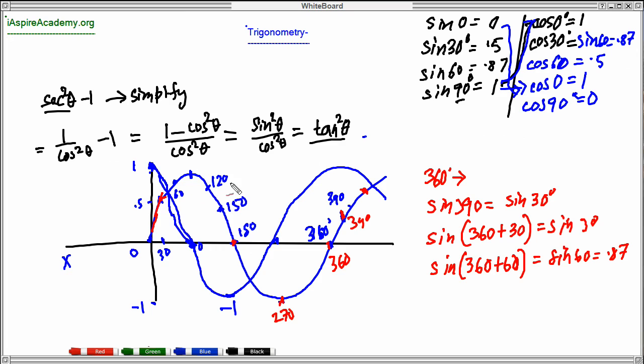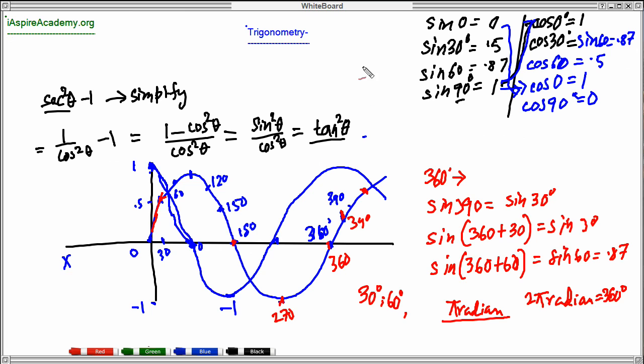After that, there are a couple more things I'd like to discuss with whatever little time we have. There's something called pi. We always express angles so far in terms of degrees. So we say 30 degree, we have 60 degree. There is one more way we can express angles, which is called radian. 2 pi radian is equal to 360 degree.